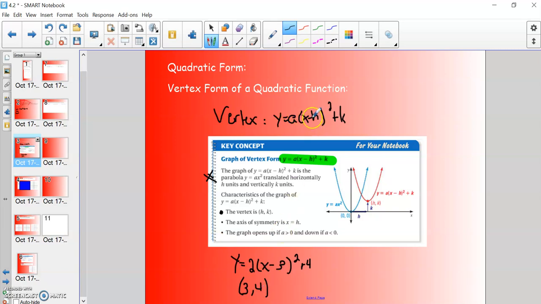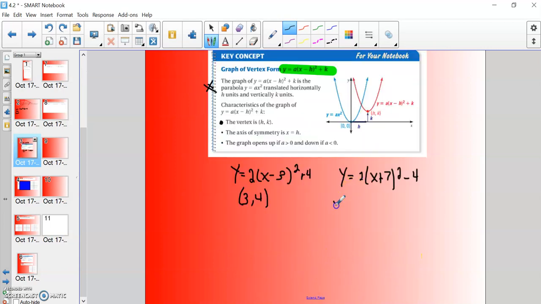Notice the equation starts with subtraction. So even though this is minus 3, h is actually positive 3. So your vertex would be 3, 4. If our equation was y equals 2 times x plus 7 squared minus 4, now this one has a plus on the inside, so we could also rewrite this as 2 times x minus a negative 7 squared minus 4.